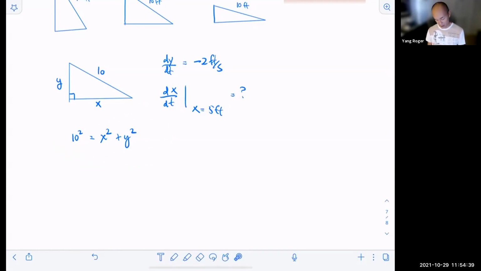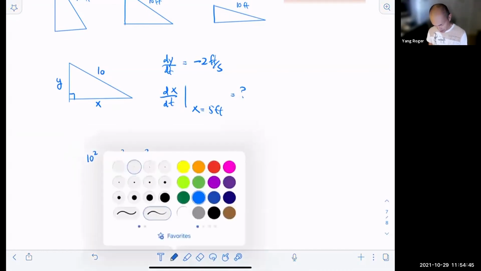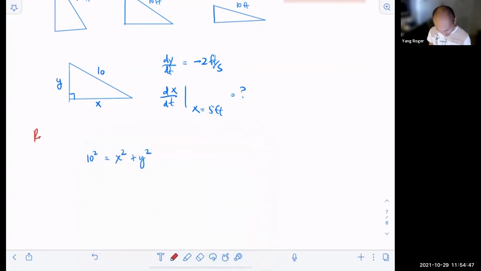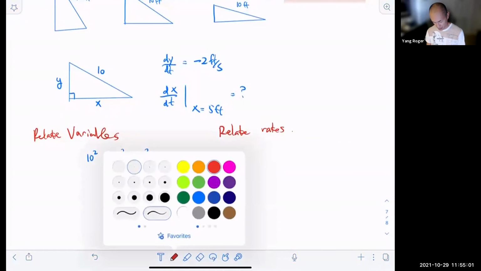This relates the variables. And then the next thing we want to do is relate the rates. How do I relate the rates? I take the derivative of both sides with respect to t.